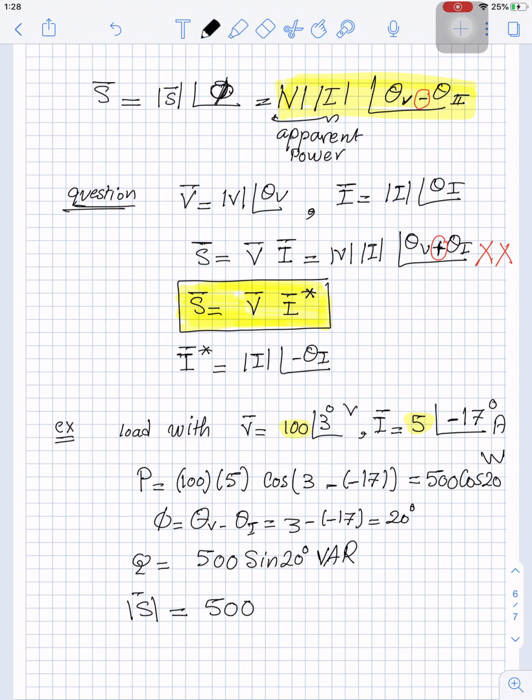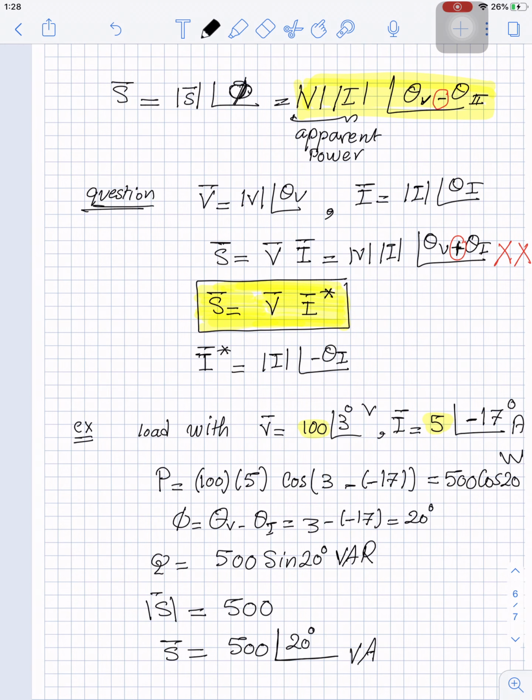To get S complex, it will be 500 as the magnitude, and its angle is phi, 20 degrees. So the magnitude for S is 500, it's VI, and its angle is phi. And the unit for S is volt ampere.